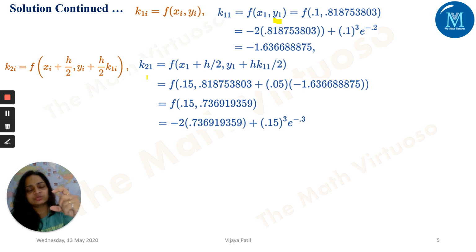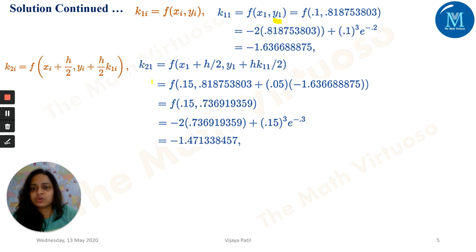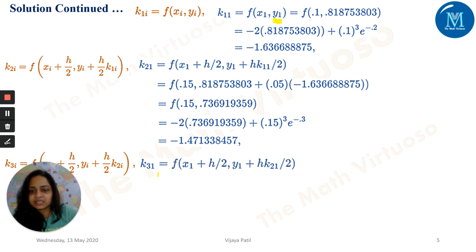We have reached the first step, and now we are trying to reach the next step with x equals 0.2. So we have got K21 as minus 1.471338457. Similarly, K31 is f of x1 plus h by 2 comma y1 plus h K21 by 2.